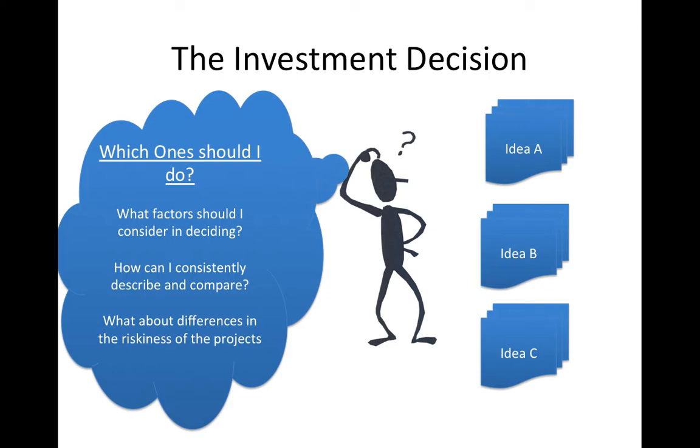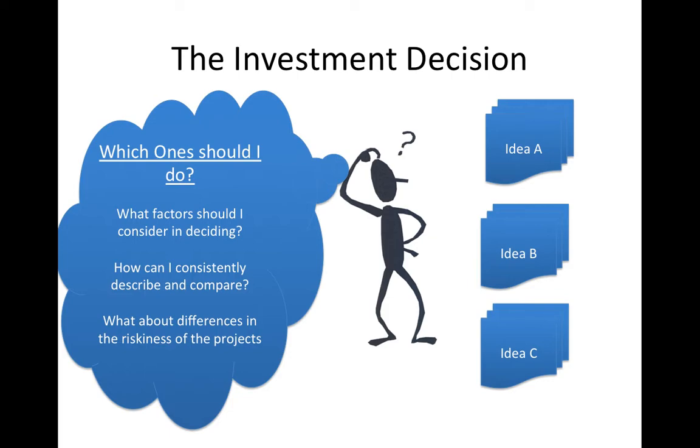So the challenges then become, I'm looking across all these different ideas and they're very different, and I need to understand what I should be looking at in terms of making the decision. How can I put them on an apples to apples basis so that I can consistently describe them and compare them? And what would I do if the projects are of different risk?